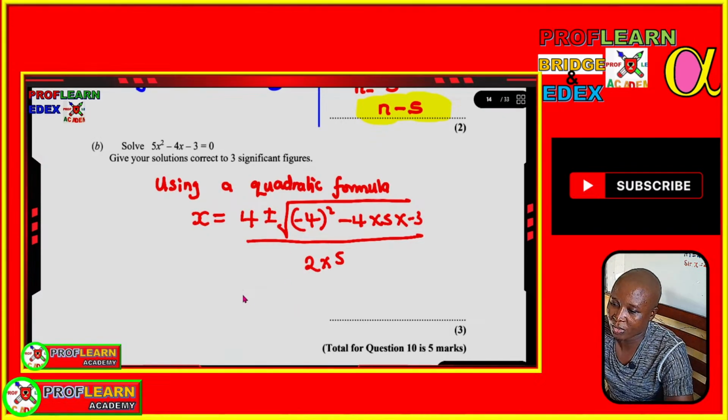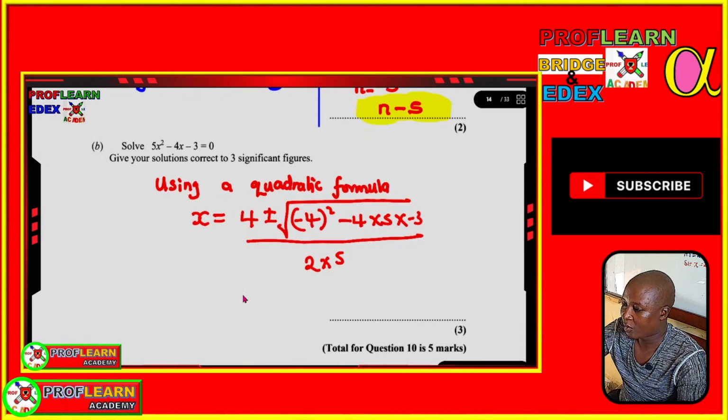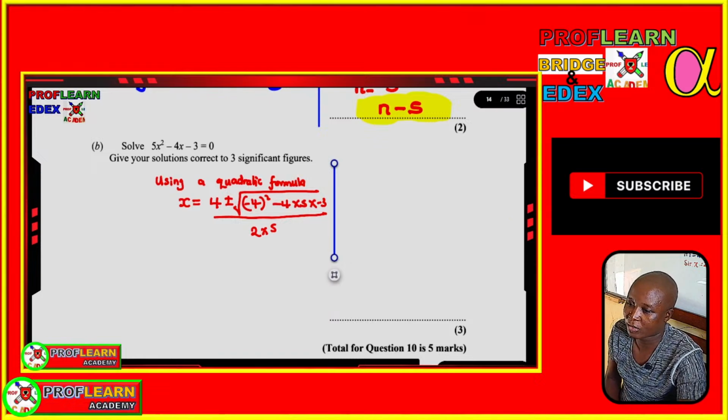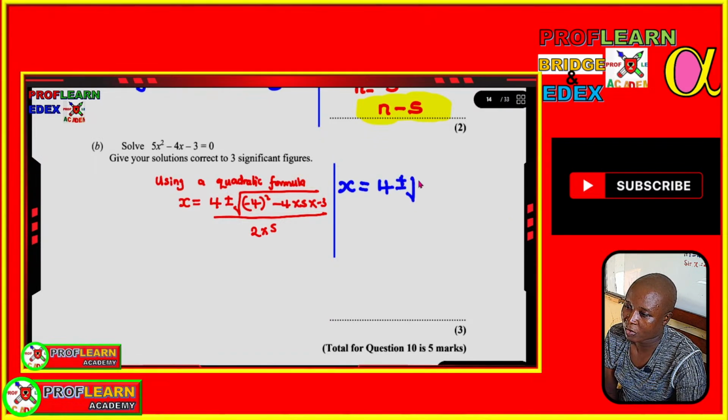If we work it out, this is 4 plus or minus the square root of 16 plus 60, over 10.